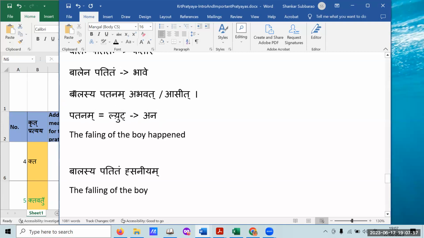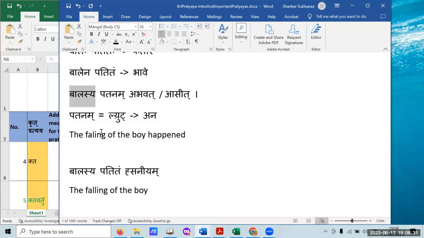Again, sixth case came. Balasya patanam. Bala is what here? Not the owner of the falling, but the agent of falling. Karta went in sixth case. So as a rule, in some cases, the agent of the meaning of the dhatu in a kridanta word will go in sixth case. Similarly, the object of the dhatu in a kridanta word can go in sixth case.